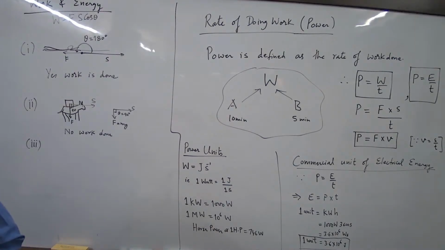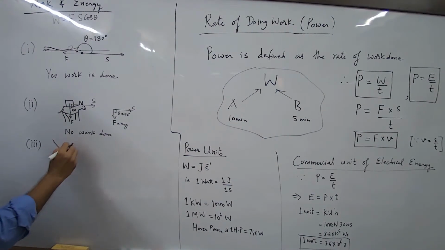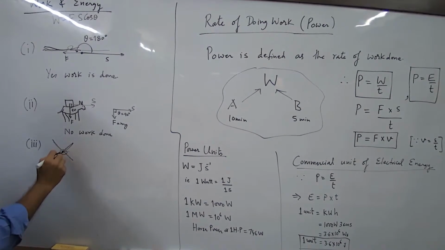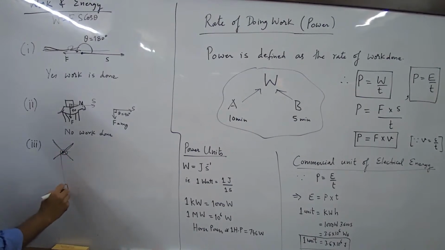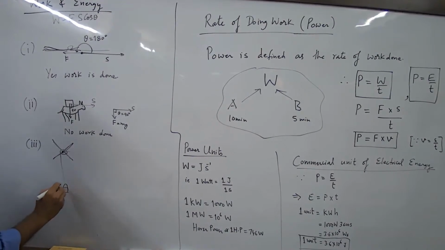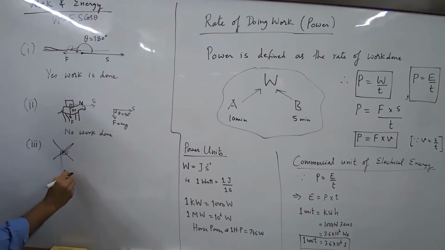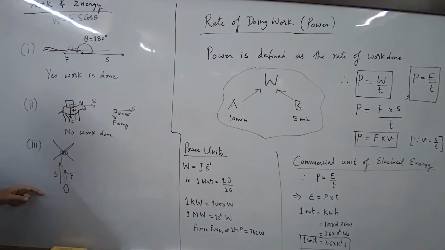A windmill is lifting water from a well. Work is done? Yes. How? Because the water is being lifted. So if the windmill is moving, let us say there is some pulley and a bucket. When the windmill is moving, the bucket goes up. So F is up and displacement is also up, so work is done, taking the displacement in the direction of force.